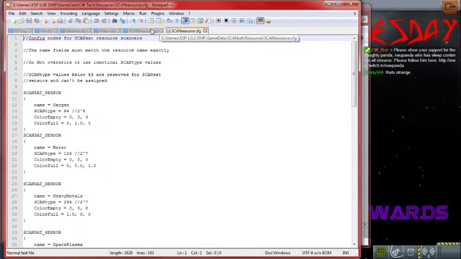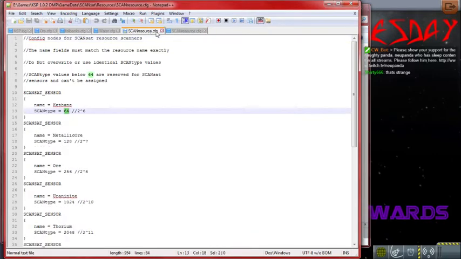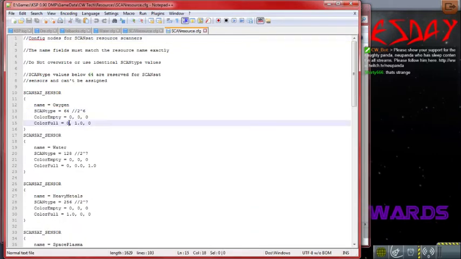So, slight change in config values if I flip between them. Colour empty and colour full are now not in the scan resources config, so I'm going to have to take them out.